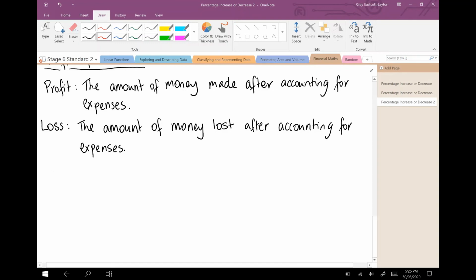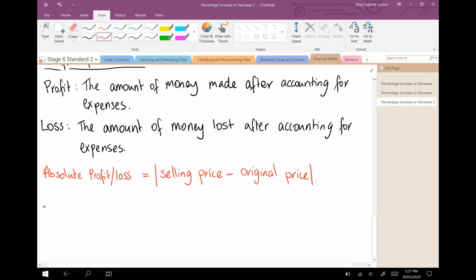So to find absolute profit or loss is equal to the absolute value of the selling price take away the original price, like so.